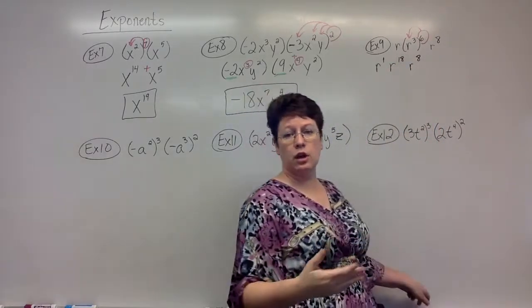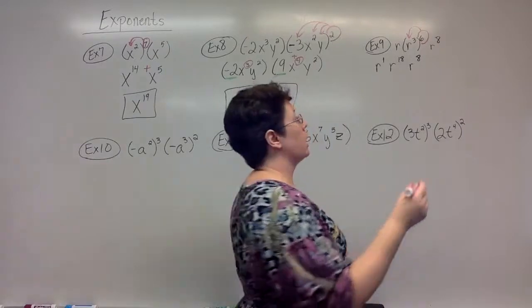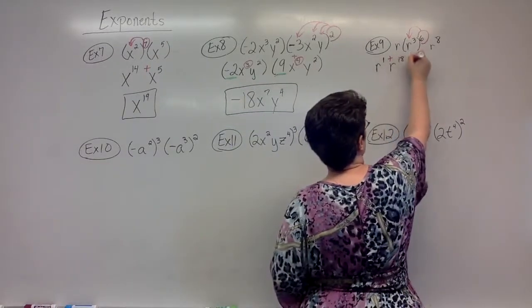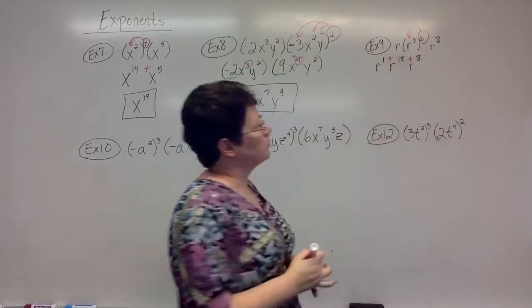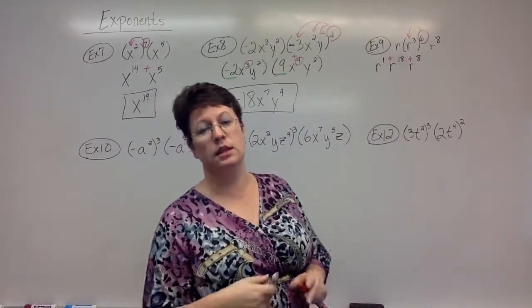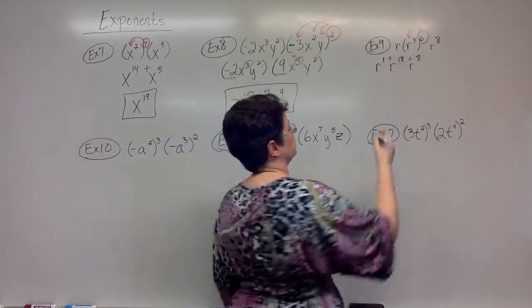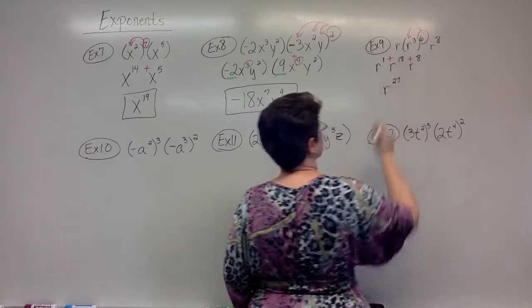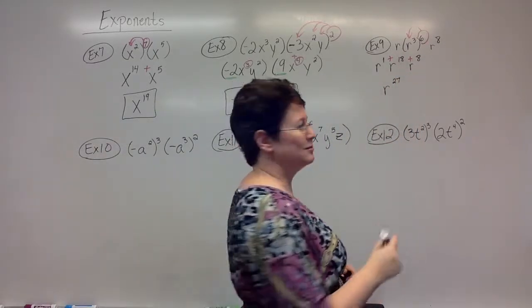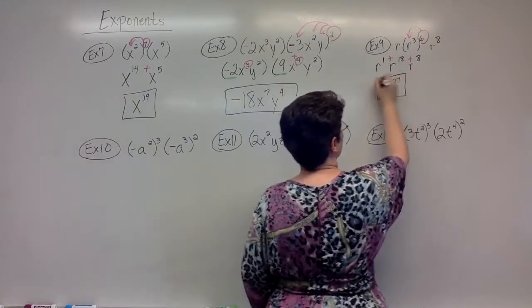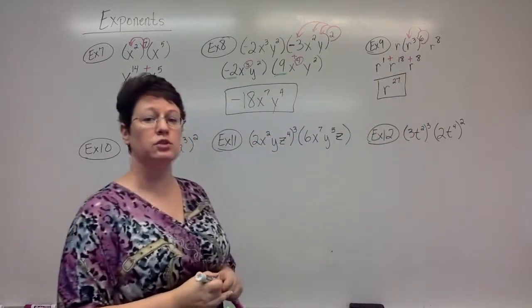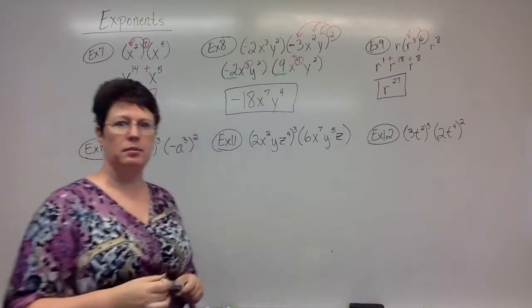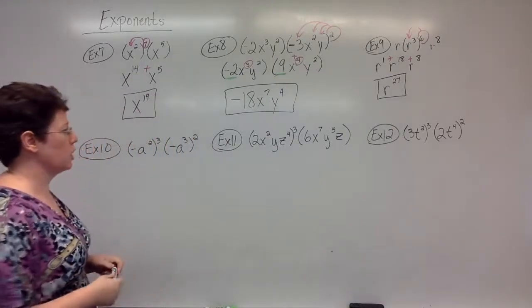Now I have a straight multiply. And when you multiply, you add the powers. Plus sign, plus sign. So 1 plus 18 plus 8 is 27. So r is raised to the 27th power. That's going to be a big number. I guess it depends on what r is.